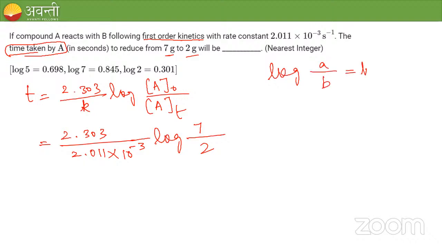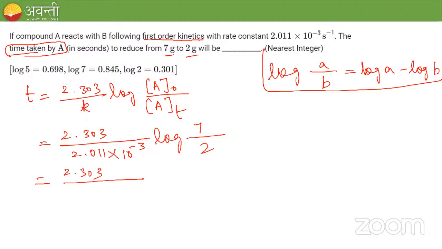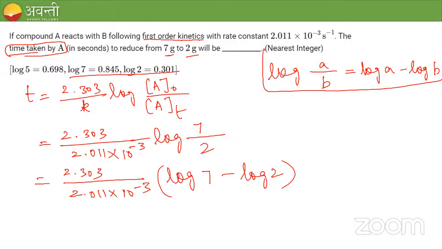So what is log of A by B? Log of A by B is equal to log A minus log B, right? So log of 7 by 2 can be written as 2.303 by 2.011 into 10 power minus 3 into log of 7 minus log of 2. Log 7 and log 2 values are given in the question. Substitute all the values.